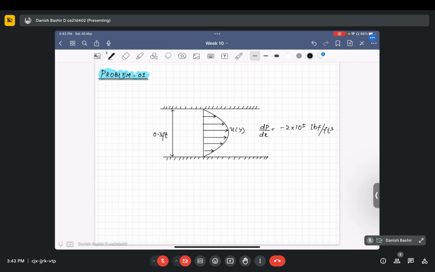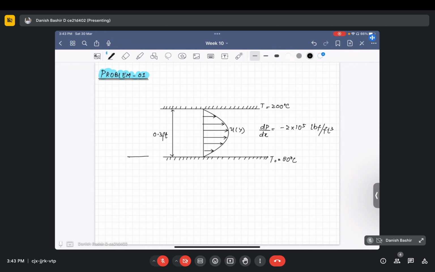And we have also been given that there is a variation of the viscosity within the two plates, since the temperature is different at the two plates. Temperature at the bottom plate, T naught, is 80 degrees Fahrenheit, and temperature at the above plate is 200 degrees. So since the temperature is varying, viscosity will also be varying. So there is a change in the temperature like this.